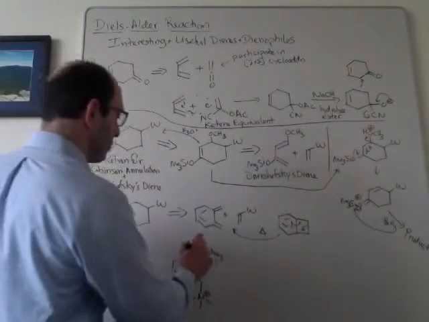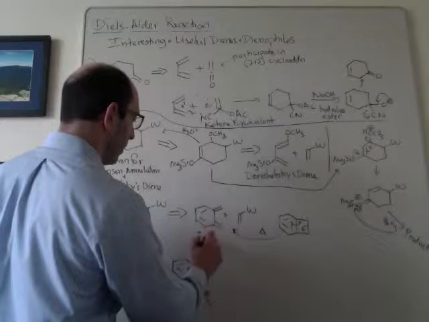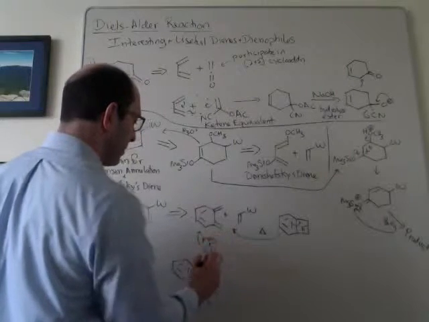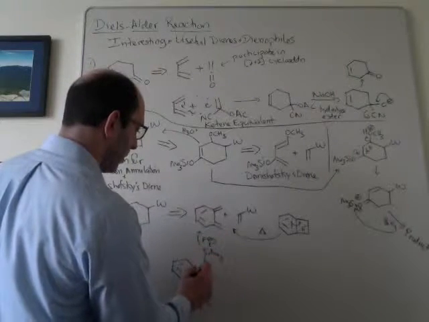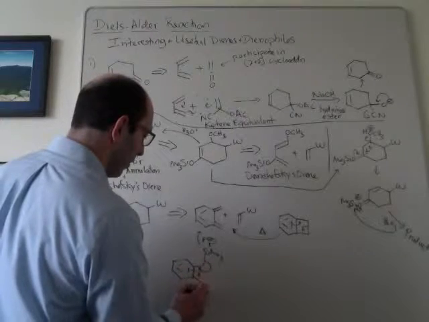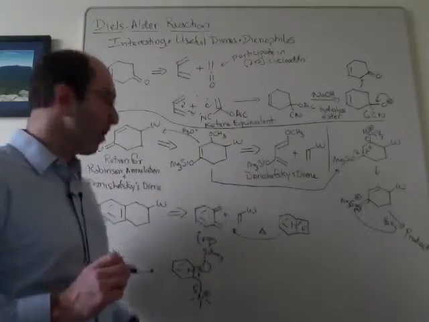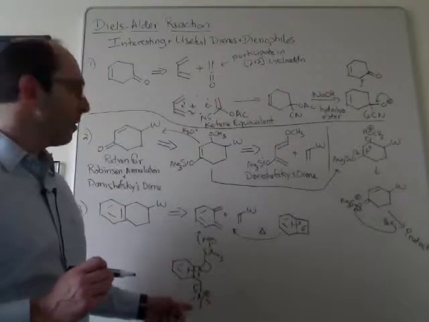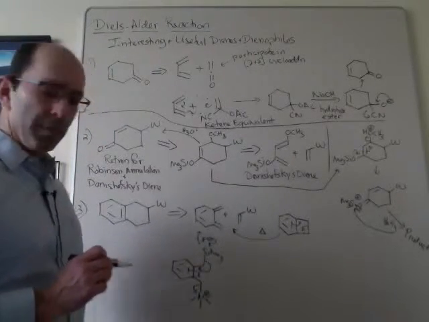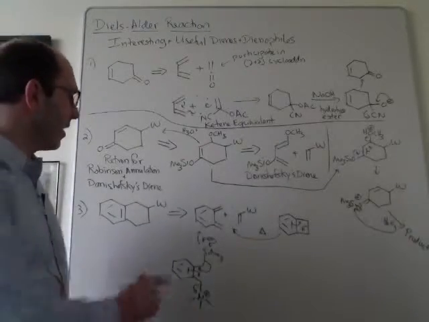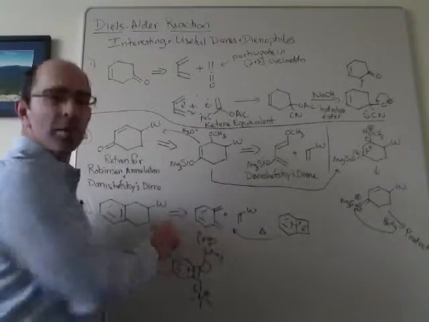And if you take this and treat it with fluoride, that will attack the silicon, and then you can get an elimination type process to occur where you lose ammonia, or sorry, trimethylamine in this case, and that gives you the diene that you want.